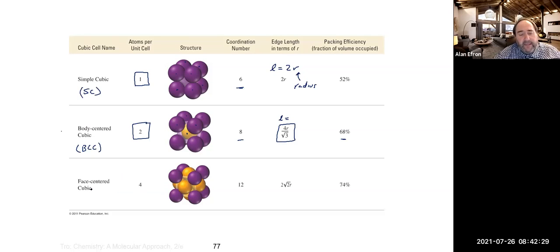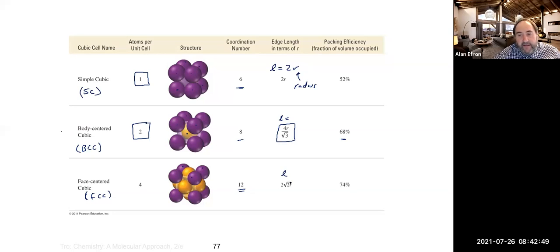The last type of unit cell we're talking about is a face-centered cubic cell. A face-centered cubic cell basically has an atom in each corner. Then we have a half atom on each of the faces, giving us a coordination number of 12.